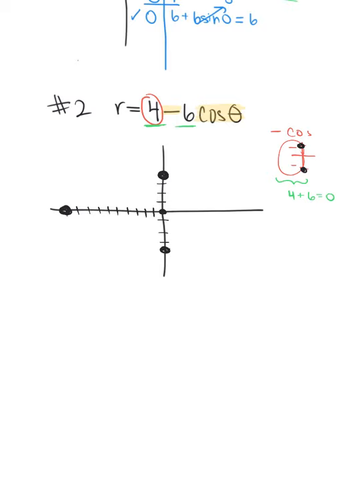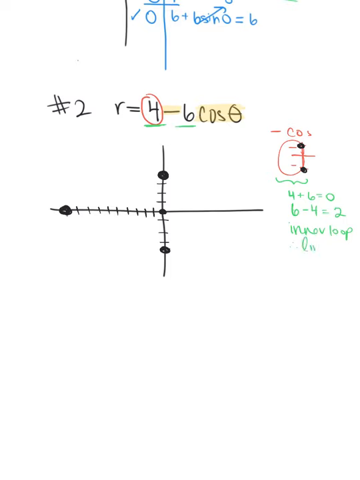Okay, so then from here, I want to subtract those same two values. So I'm going to go back to that 4 and the 6, and I'm going to subtract them, but I'm looking to get a positive number, right? So I'm going to do b minus a. So 6 minus 4 gives me a value of 2. And because it's not 0, that means I do have an inner loop, right? So there will be an inner loop with a diameter of 10.